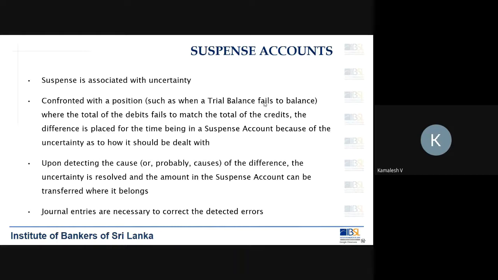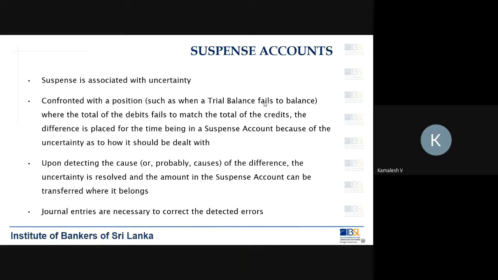So when you rectify, you have to pass the double entries. You have to put the new debit and the credit. So when you put the debit and a credit, what happens? One leg of the transaction, either a debit or a credit, will go into this suspense account.